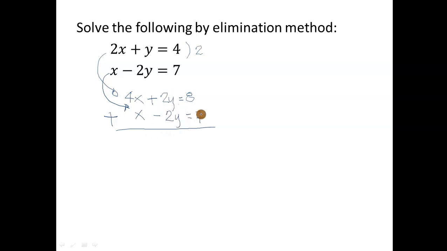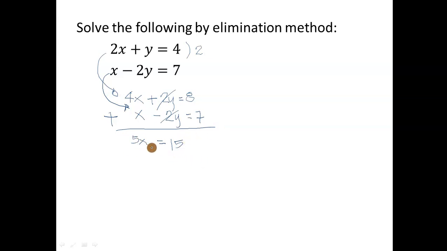So let us do the addition. 4x plus x is equals to 5x. Then positive 2y plus negative 2y will be equal to 0. So this will be cancelled out. 8 plus 7 is equals to 15.